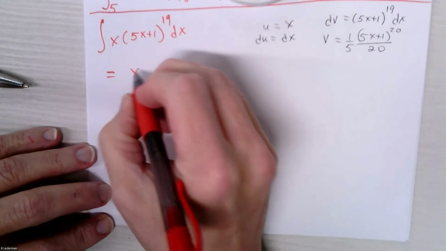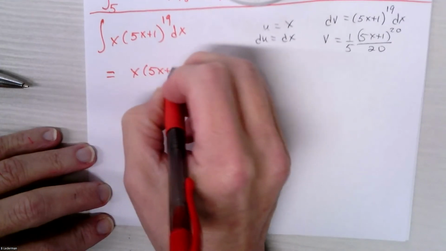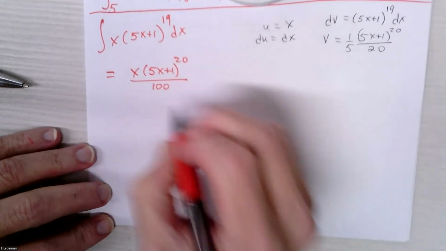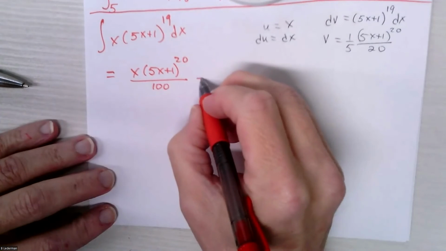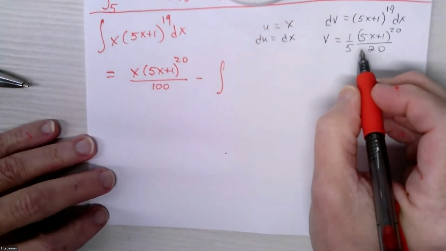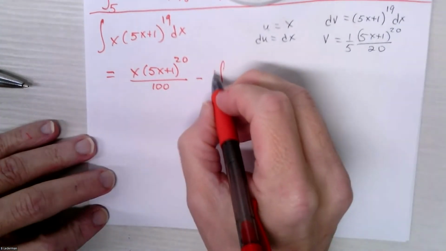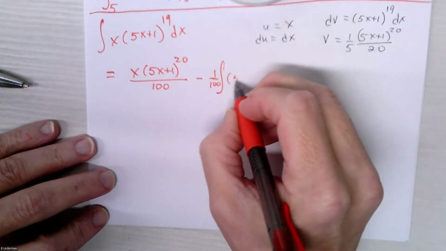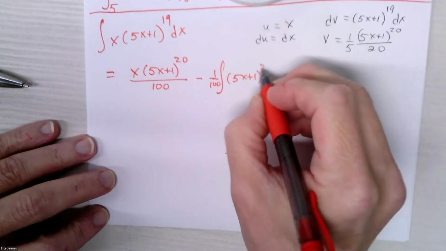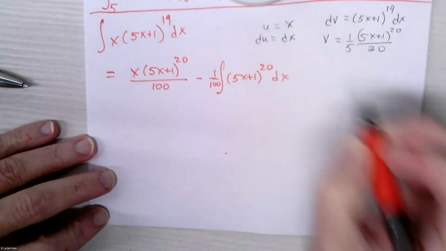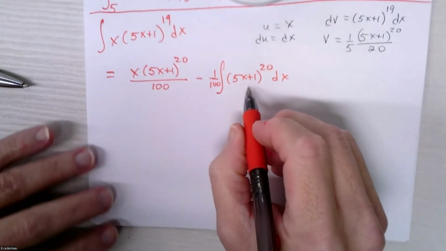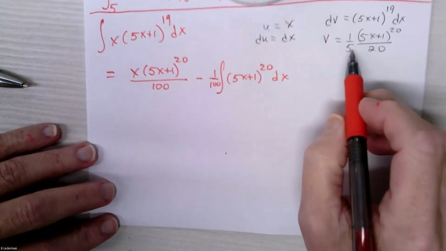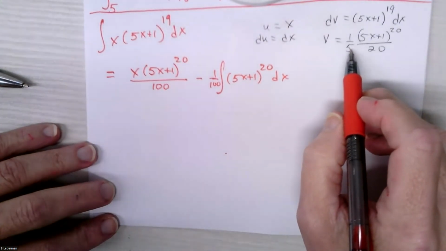So it's going to be x times 5x plus 1 to the 20th power over 100, 5 times 20 is 100, minus the integral of 1 over 100 times 5x plus 1 to the 20th power dx. And technically, I'm going to use u substitution. It's kind of the same thing I did over here. But all the u substitution is going to do is give me that 1/5 there.